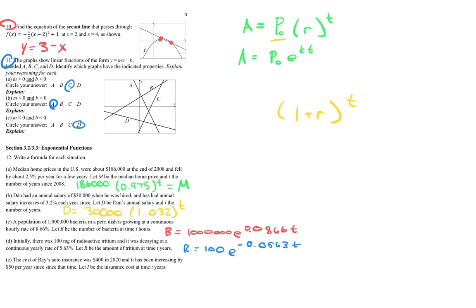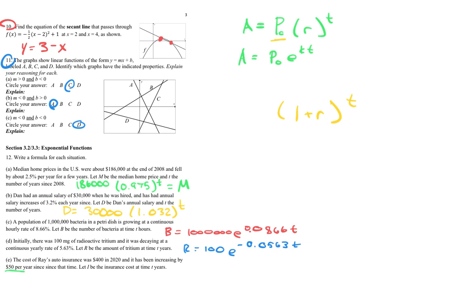And then the last one, we have part E. The cost of auto insurance was $400 in 2020, and it has been increasing by $50 per year since that time. Let C be the insurance cost at time t years. Notice this one doesn't tell us it's a percent increase, it's a constant amount. So this is actually just a linear function.